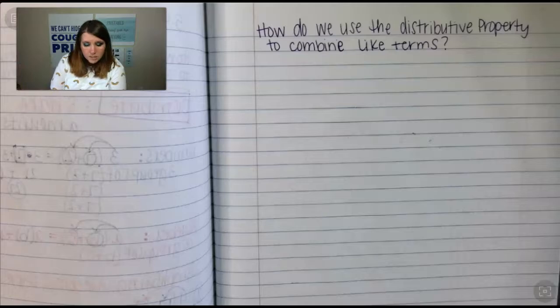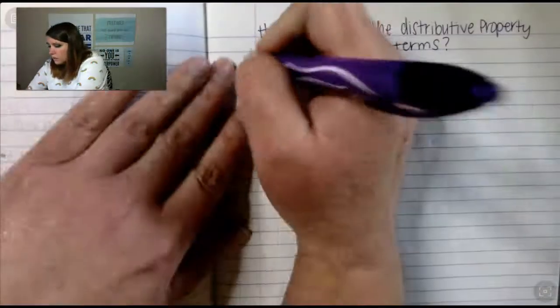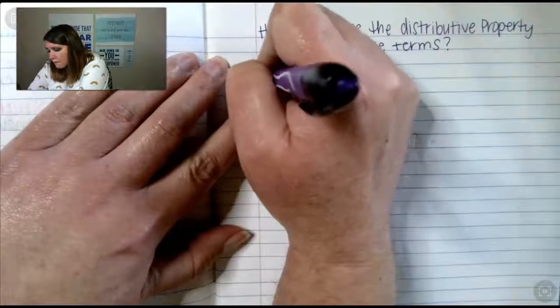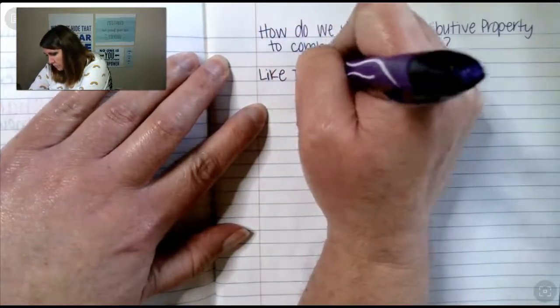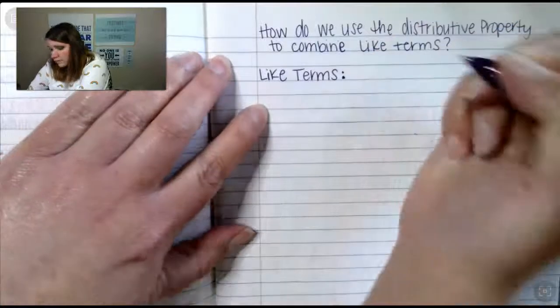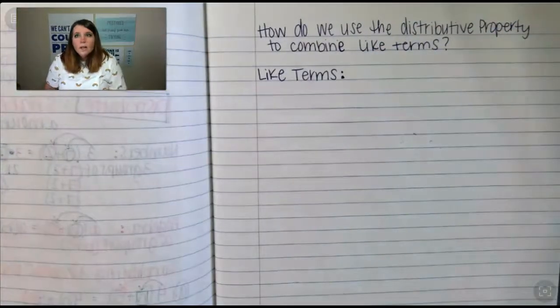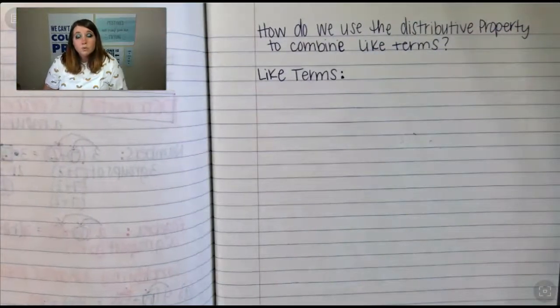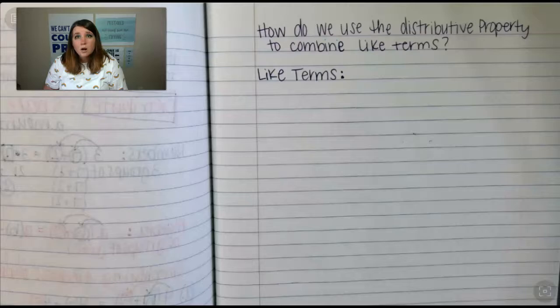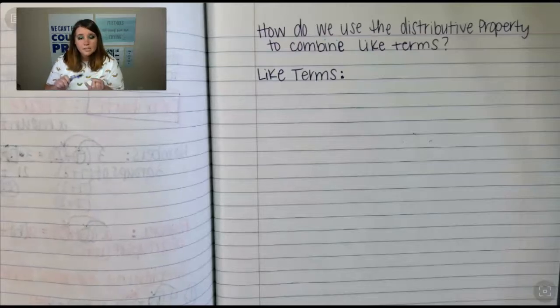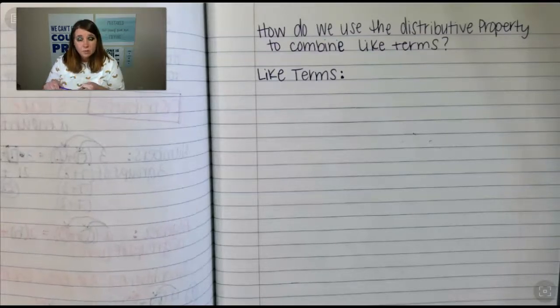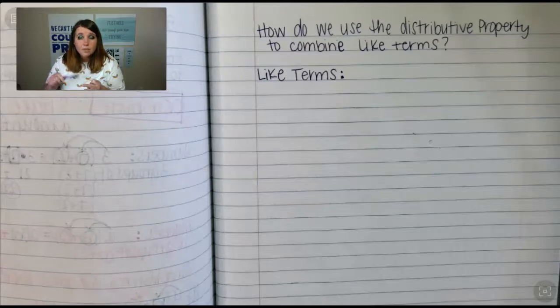First of all, we need to talk about this word, like terms. Like terms is our vocab word for today. In an algebraic expression, we know that terms are the different parts, like the constants, the coefficients, and the variables that make up the expression, that make up the sentence.